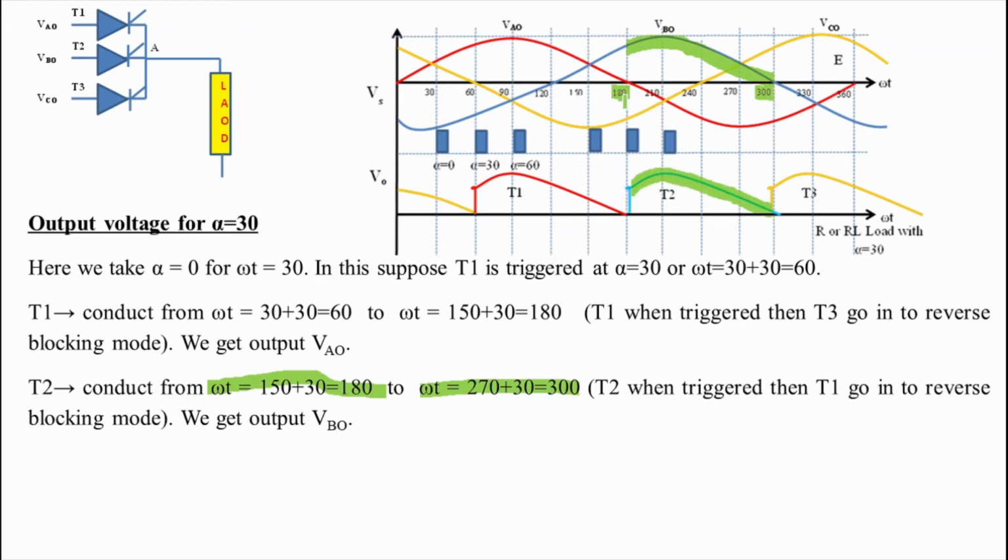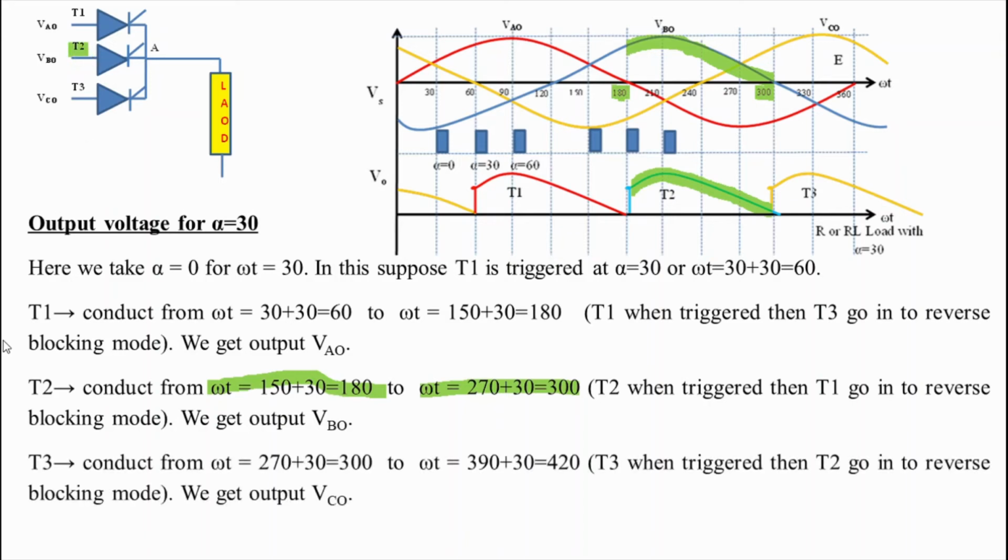300 degree. Now suppose thyristor T3 is triggered. It will conduct from omega t equals 300 degree to omega t equals 420 degree, because 270 plus 30 is 300 and 390 plus 30 is 420.